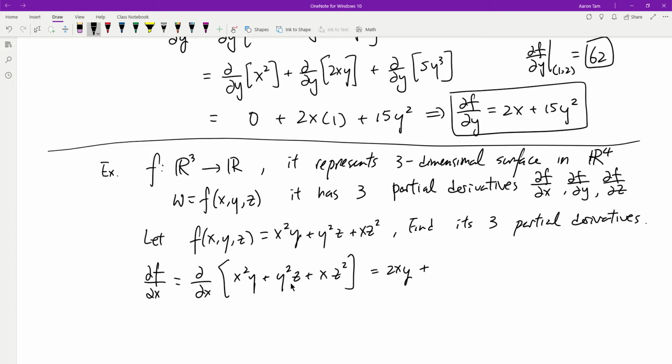Y and z are considered to be constant in this case, so therefore this is a whole constant. So the derivative will be 0, plus xz squared. Z squared is a constant, so therefore that falls out of the differentiation. X is the variable. When I differentiate, it becomes 1. So it becomes z squared times 1. So therefore, it becomes 2xy plus z squared.